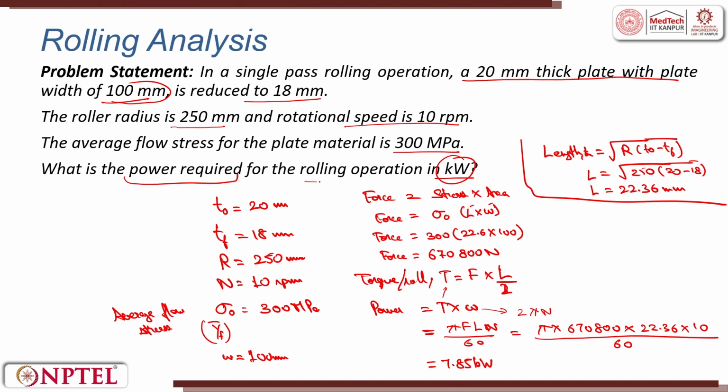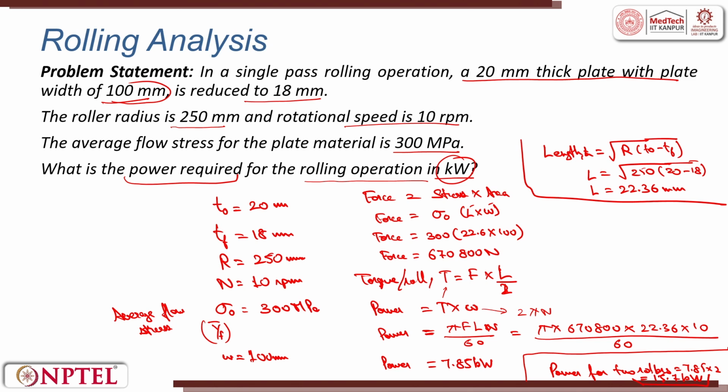So rolling operation power in kilowatts for 2 rollers would also have to be calculated. So I will put power for 2 rollers is equal to 7.85 into 2. This is equal to 15.7 kilowatt. So this is the answer.